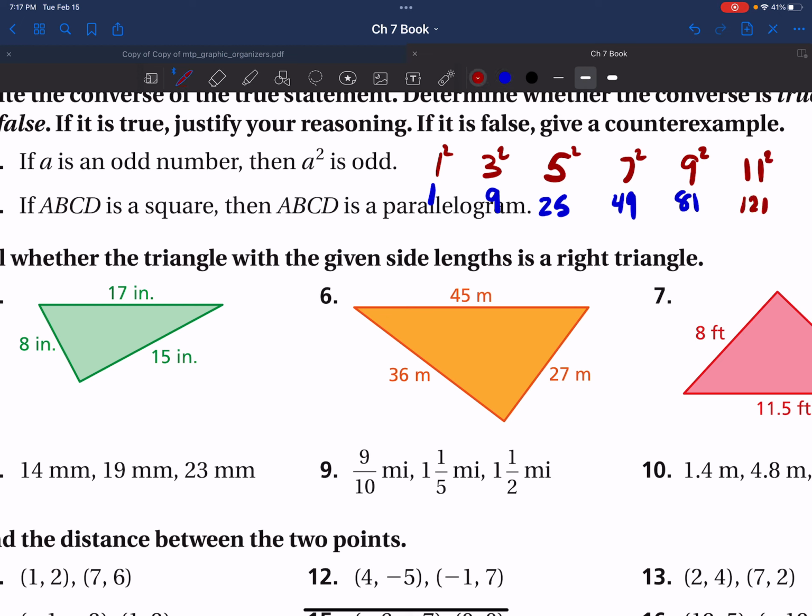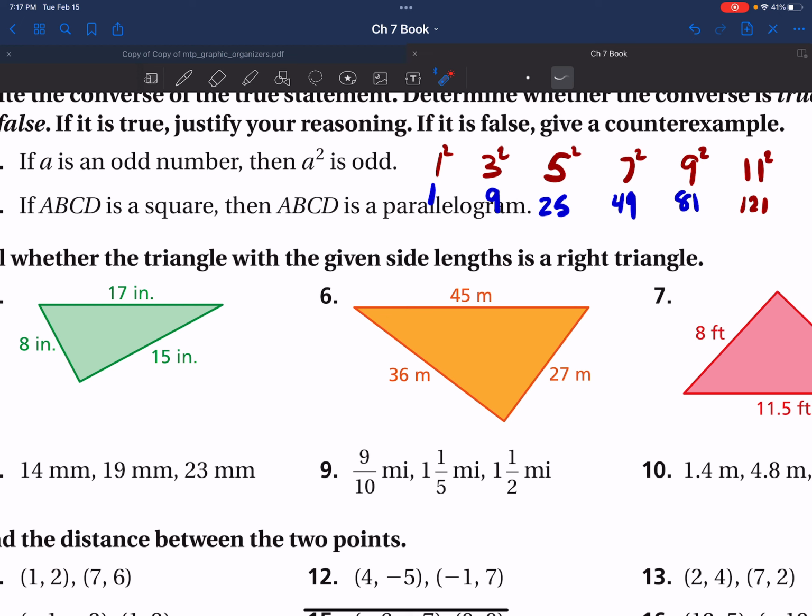Okay, so what I'm noticing is that's odd, that's odd, that's odd, that's odd, that's odd, that's odd. And if the next number is 13, obviously if it ends in a 3, it's going to be odd as well. So if a number is an odd number, then the square of that will also be odd. I'm saying that this is true.